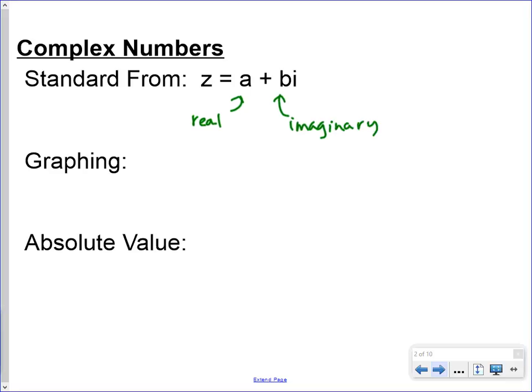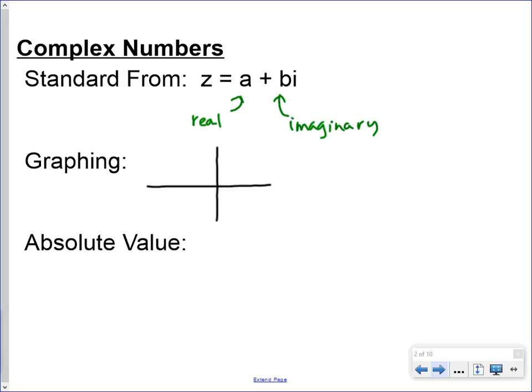Obviously, it's with the imaginary unit. It seems like some of us remember graphing complex numbers and some of us have no recollection of graphing complex numbers, so we'll just go over it really quickly. You can't graph a complex number on the real coordinate plane that we know with the x and y axes because both the x and the y are made up of real number units. So we have to have a new plane.